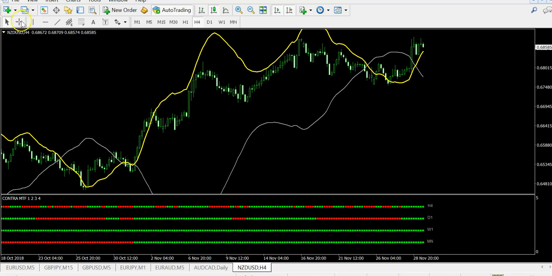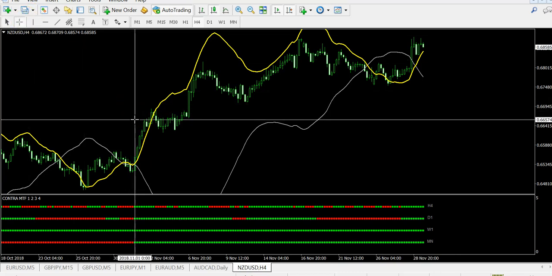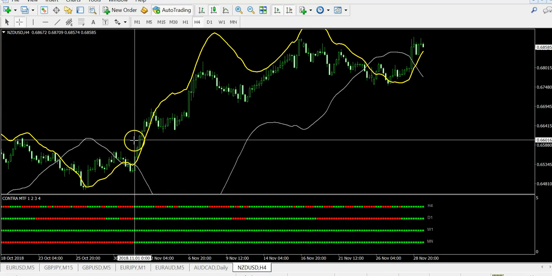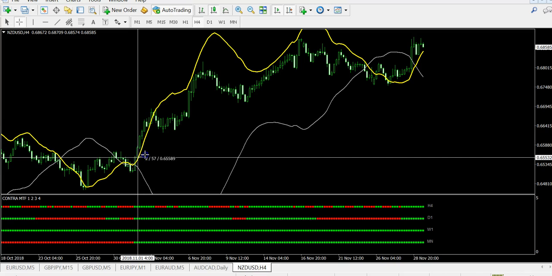The latest trade would be from here. You see it is crossing, and here we can take the trade, and we can keep it minimum until here, 172 pips. Or the second take profit level is when it goes back crossing down.